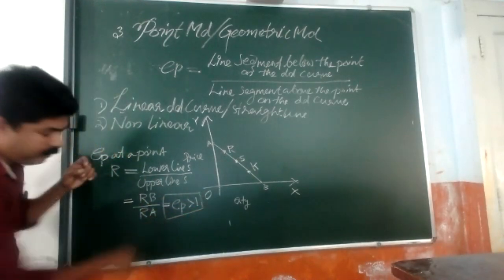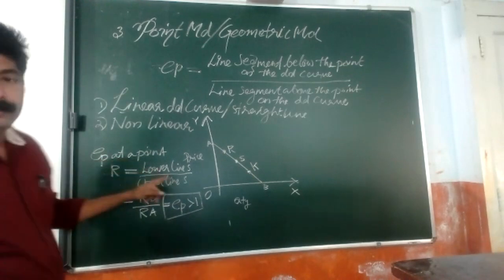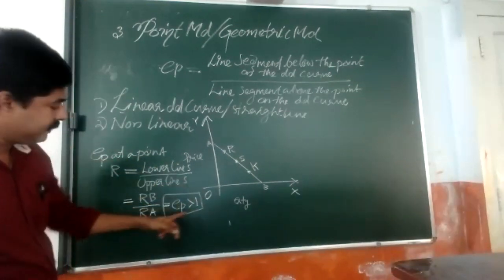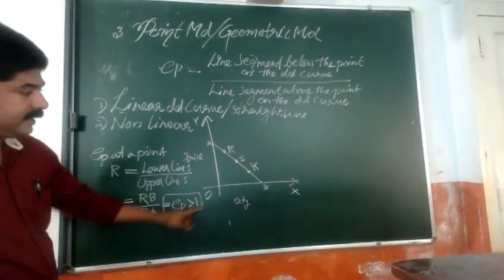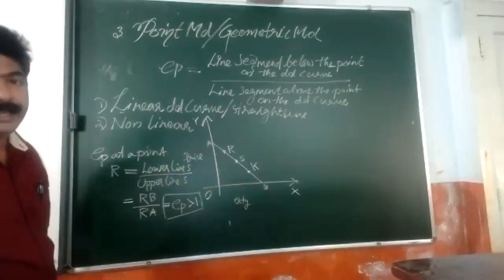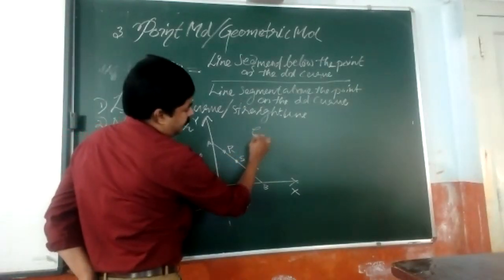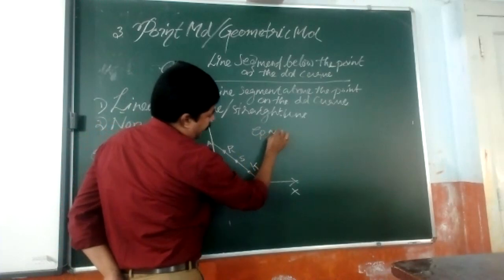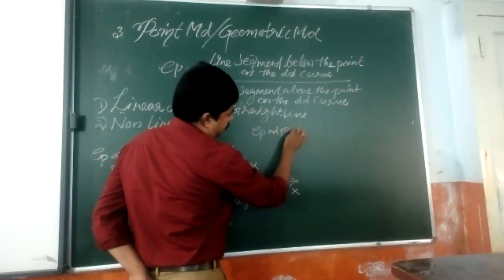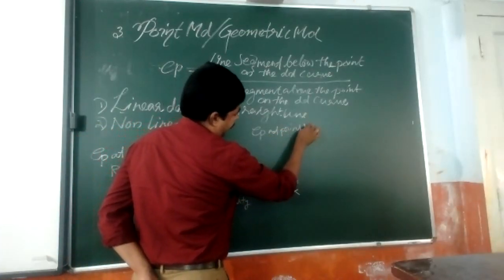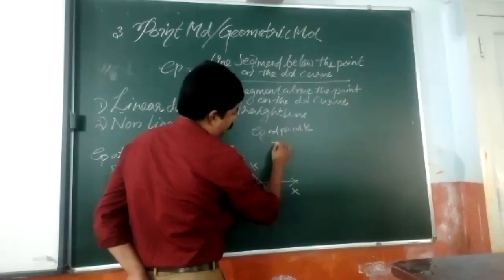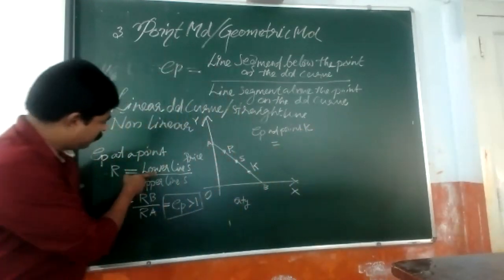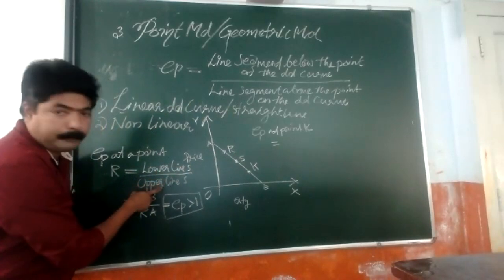This is elasticity in these cases. Why is it so? I will tell you an easy method. Now, the next one I am giving, this is greater than 1. The next point is point K. So we will write elasticity of demand at point K equals lower line segment upon upper line segment.